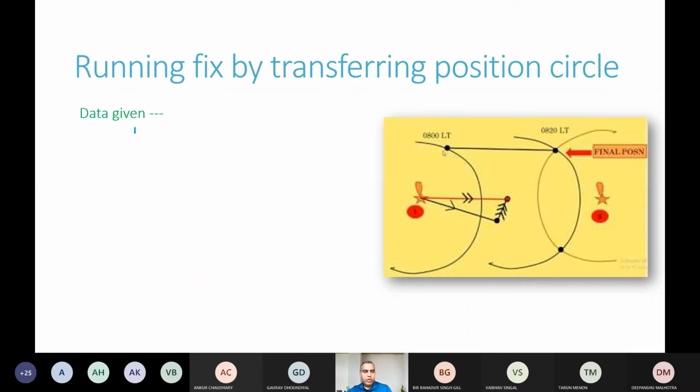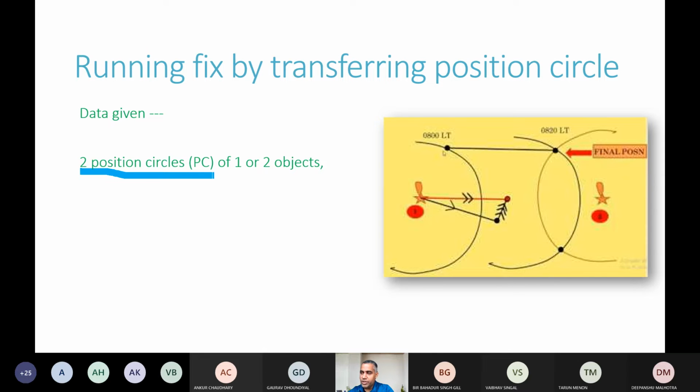So the data which is given to us in this question, they will give us data to draw two position circles. Now in second mate's level, they sometimes straight away give you the radius. They will tell you that this point was observed in radar and this was so many miles off. So they can easily plot the position circle. In phase one, they will not give you the radius straight away.